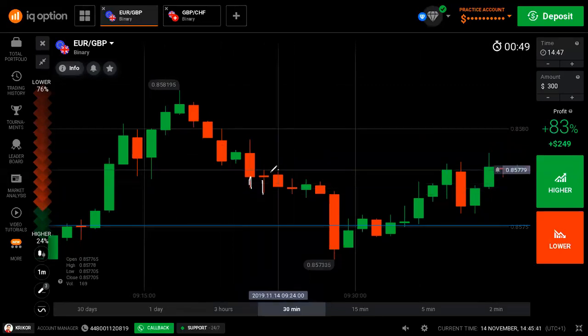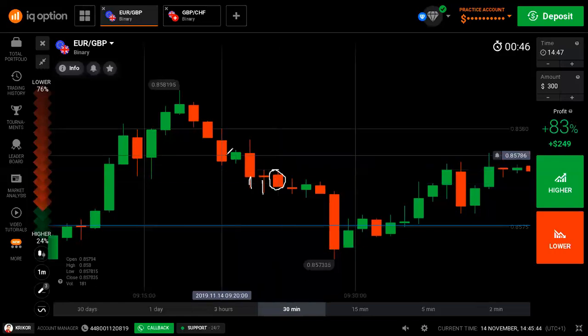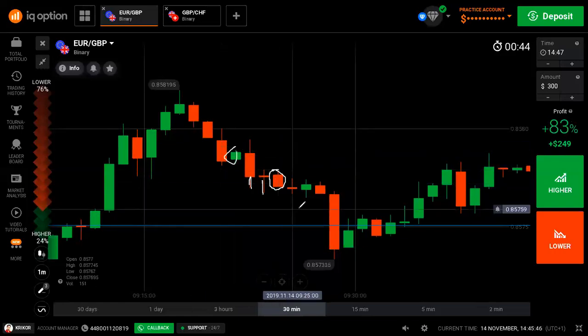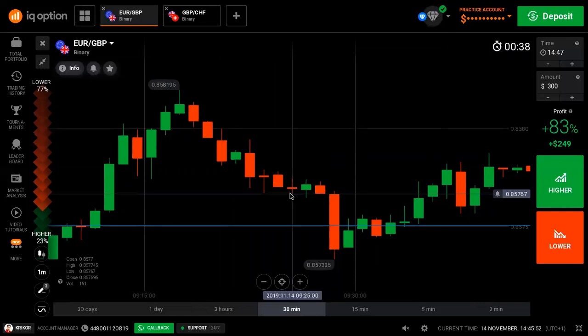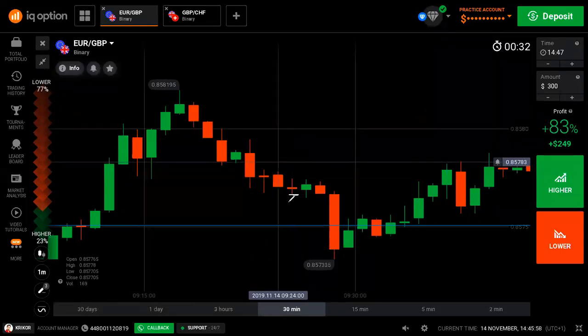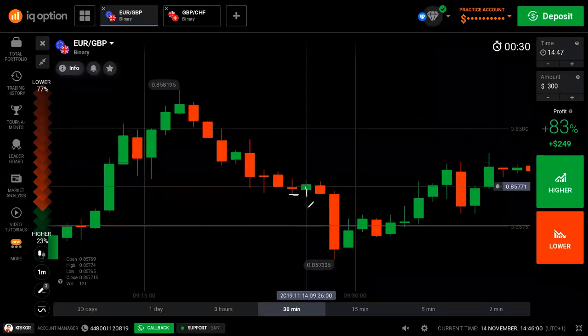So if I see a momentum candle at this point, with this candle, I am not going to trade this candle. And this candle made a new low. So you're expecting this next candle to go down.